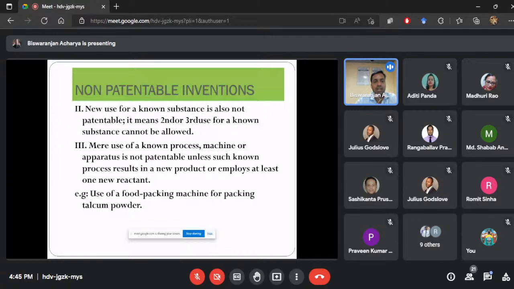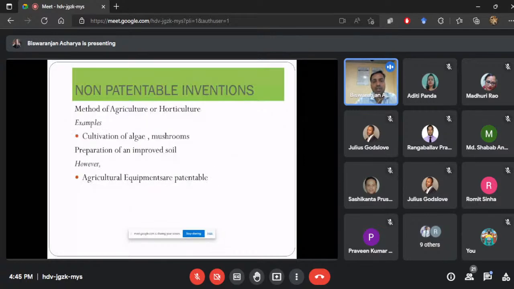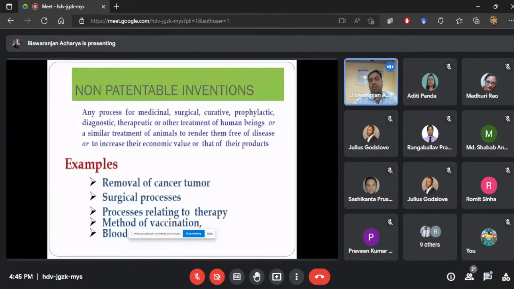Methods of agriculture or horticulture, such as cultivation of mushroom or preparing improved soil, are not patentable. However, agriculture equipment is patentable. Any process for medical, surgical, curative, prophylactic, diagnostic, therapeutic or other treatment of human beings, or similar treatment of animals to render them free of disease or to increase their economic value, is not patentable. For example, removal of a cancer tumor, surgical processes, therapy methods, vaccination, you cannot patent.